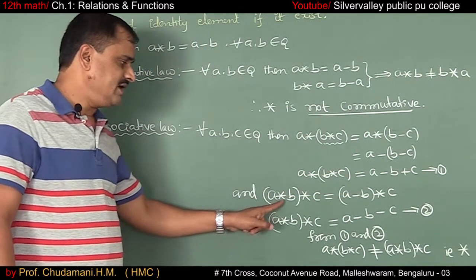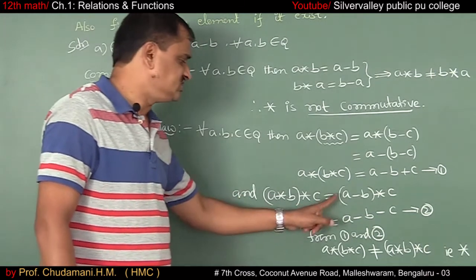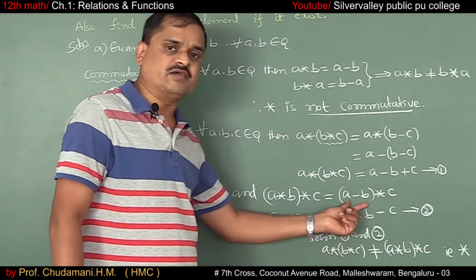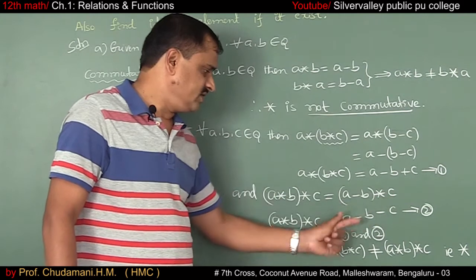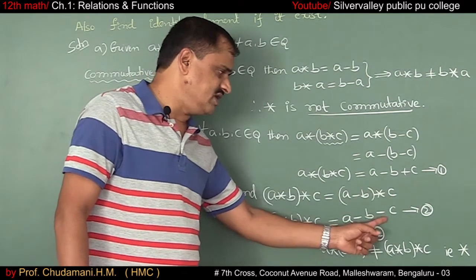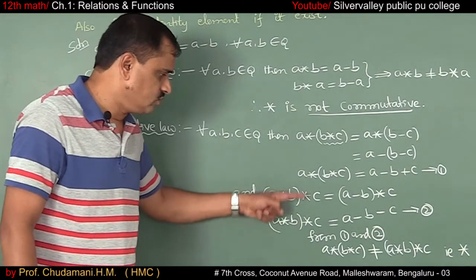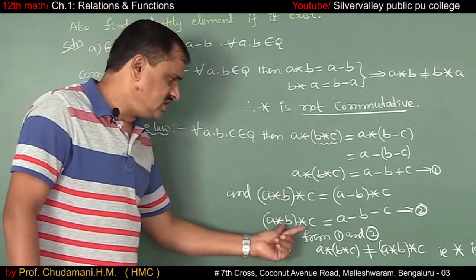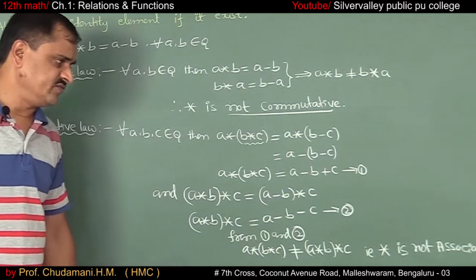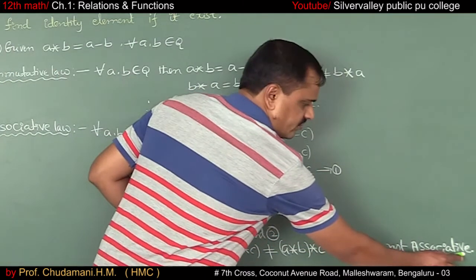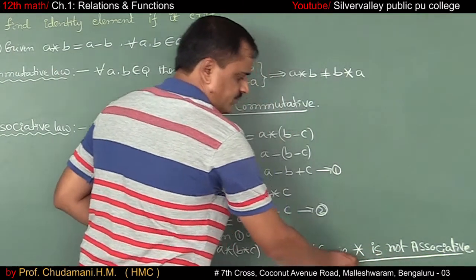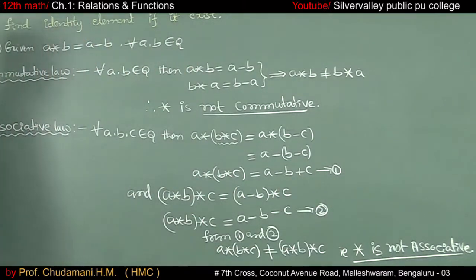And (A star B) star C is equal to, A star B means A minus B, star C, so that is nothing but A minus B minus C. Call it equation 2. From 1 and 2, these are not equal. Therefore, star is not associative.